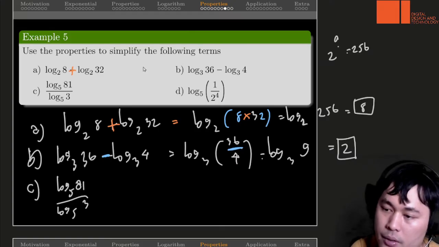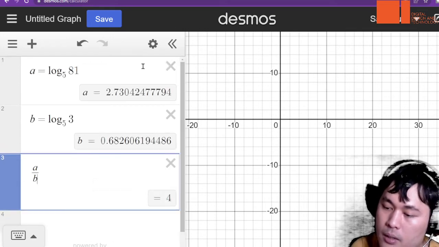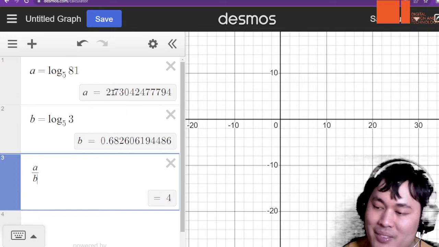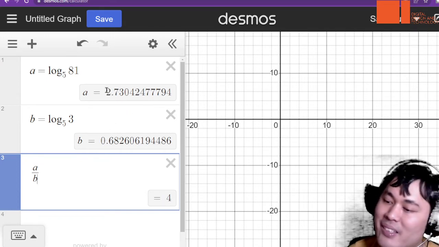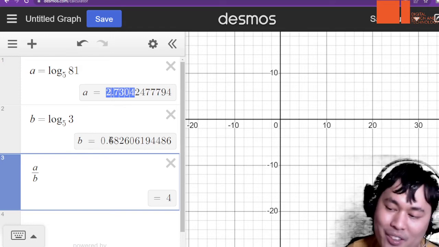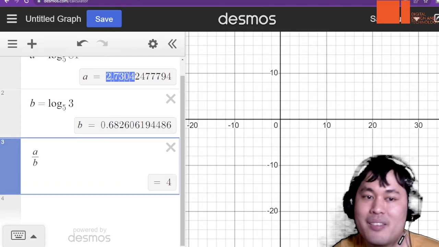Then a divided by b will be, oh nice, 4, which is impossible to see from these numbers. Why is 2.7304 divided by 0.6826 equal to 4? That doesn't make sense.